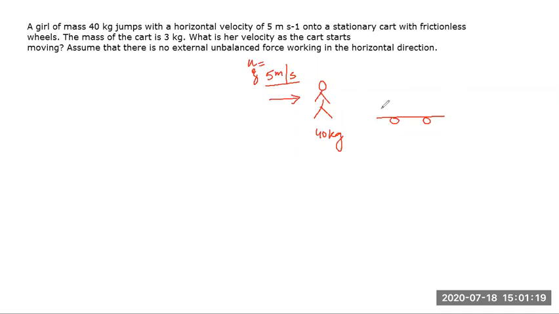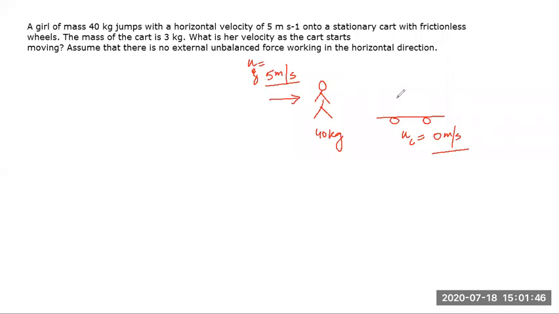Now a girl of mass 40 kg jumps with a horizontal velocity into a stationary cart. Now students, before jumping, this is the velocity of the cart. What is the initial velocity of the cart before impact? Before the girl strikes this, what is the velocity of this cart? 0 meters per second. Beautiful. It's not moving.